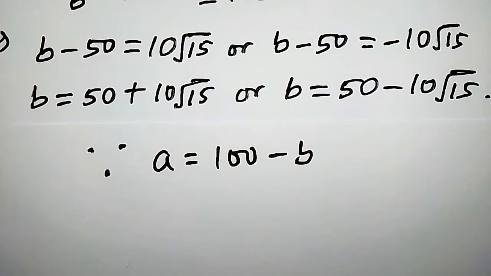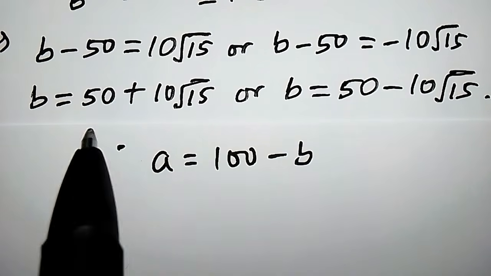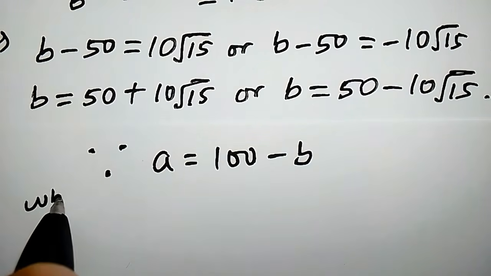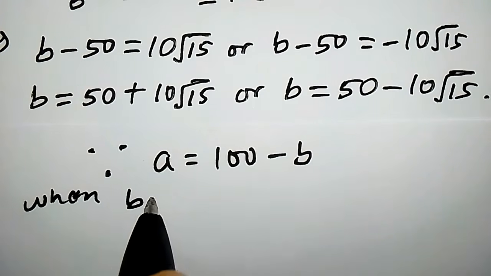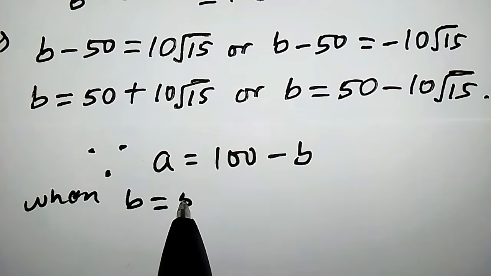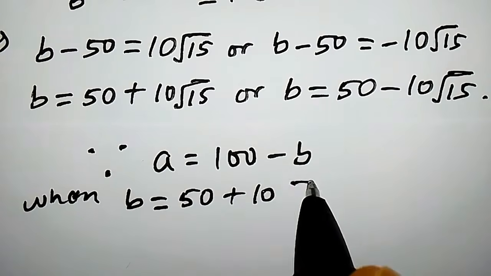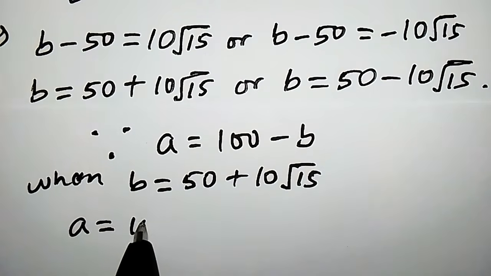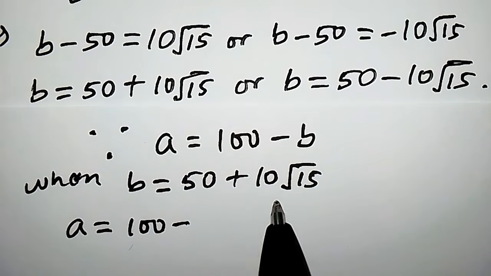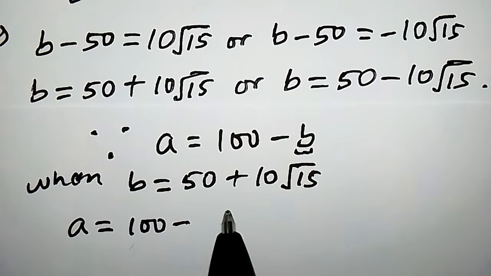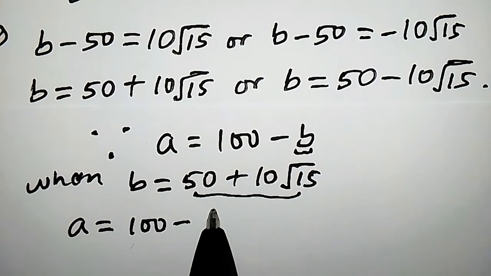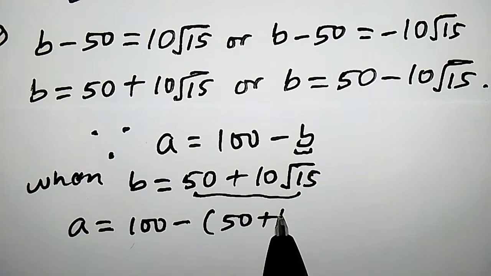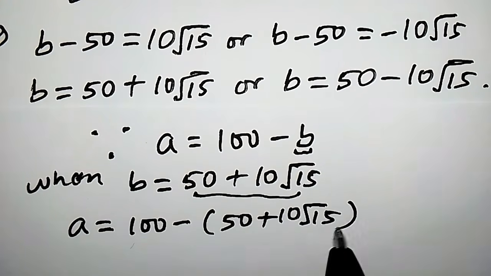What we have to do now is to consider each value of B. When B is equal to 50 plus 10 root 15, A is equal to 100 minus, we will now replace this particular B with this guy, 50 plus 10 root 15.